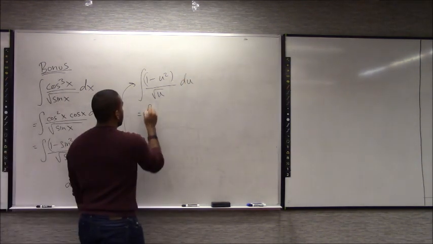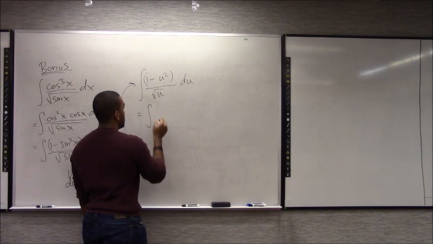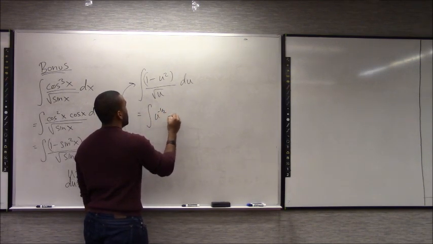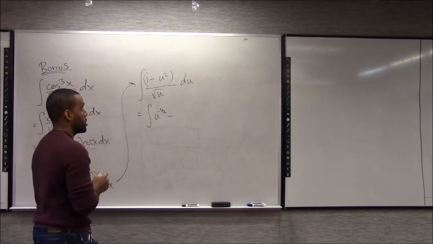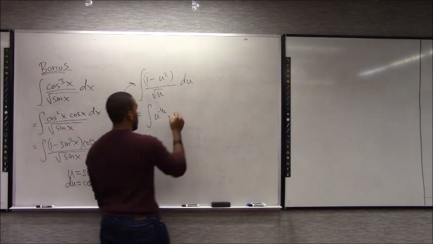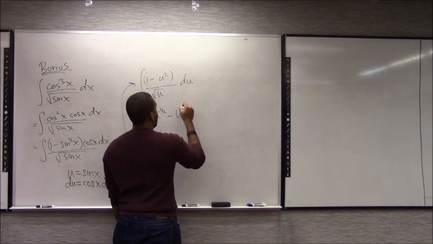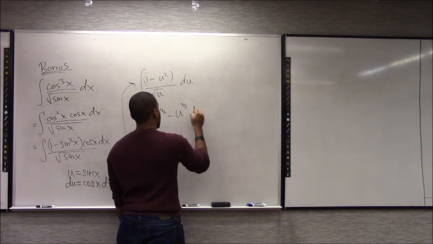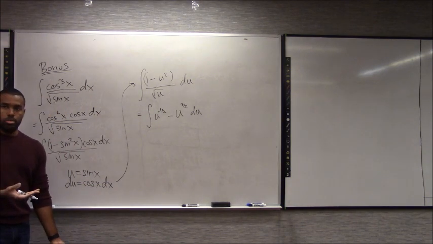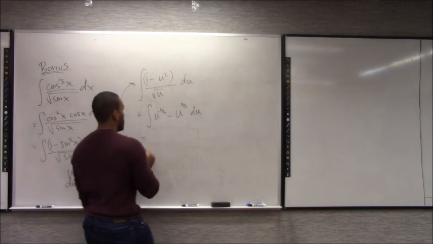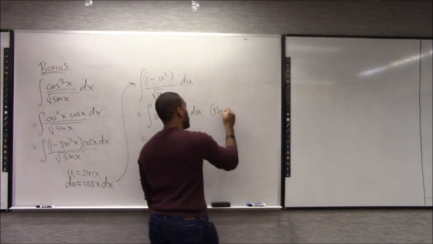Now, that's going to be 1 over radical u, which is u to the minus 1/2, minus u squared divided by u to the 1/2, that's 4/2 minus 1/2. That's u to the 3/2. And hey, that looks like the power rule. Right, so at this point you're like, oh, I know a rule for that.